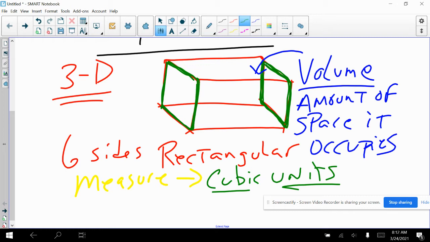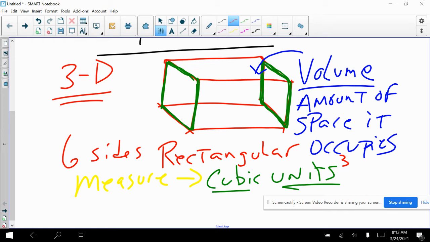It could be a solid, that's fine. And then we measure this in cubic units, right? Remember we talked about the little 2 and the little 3 and all that? Well, this would have a little 3 up there because we're talking about cubic units. So far, so good?